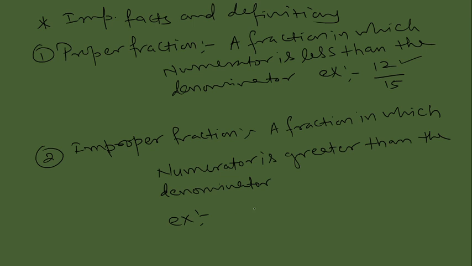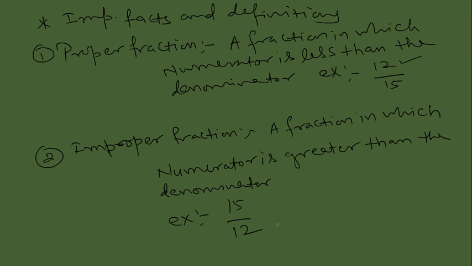Example: if you reverse this example, 15 by 12, it becomes an improper fraction. These two definitions are very important with respect to fractions, because a number of numericals involve these two kinds of definitions. So you have to remember these facts.